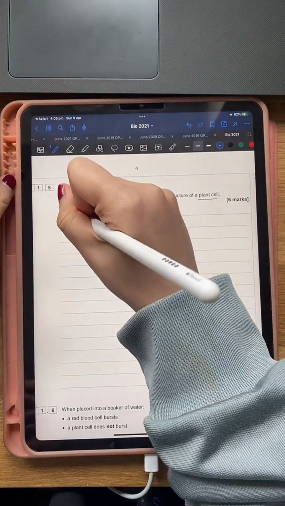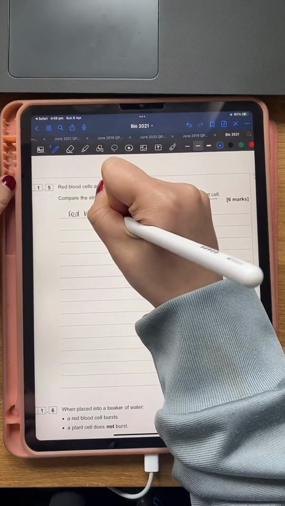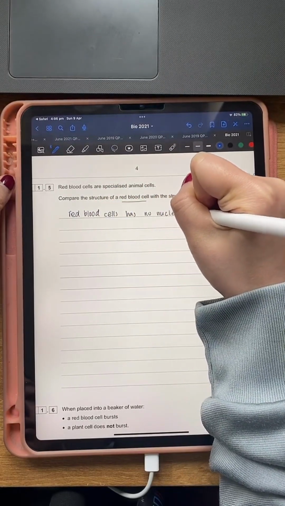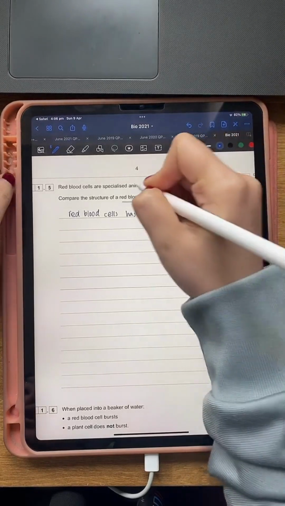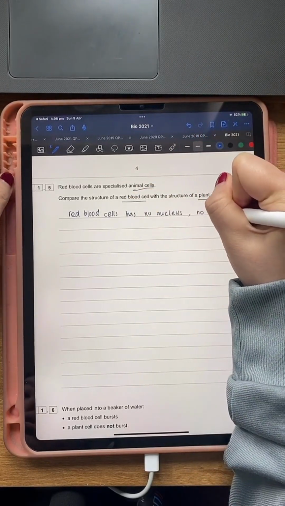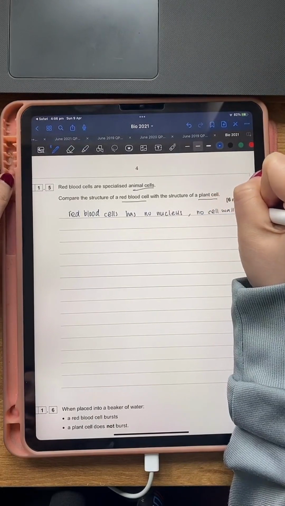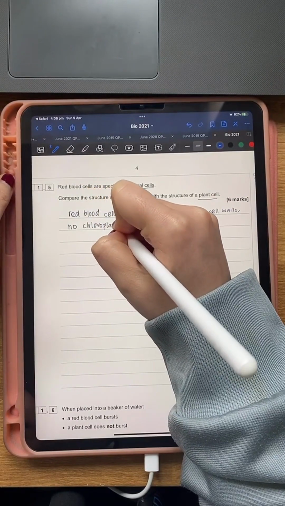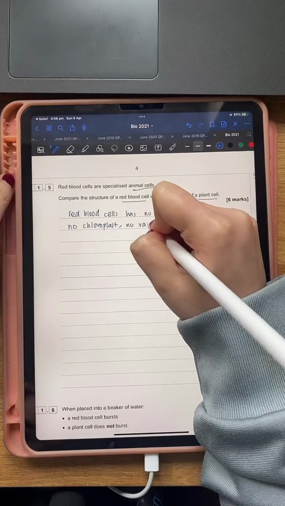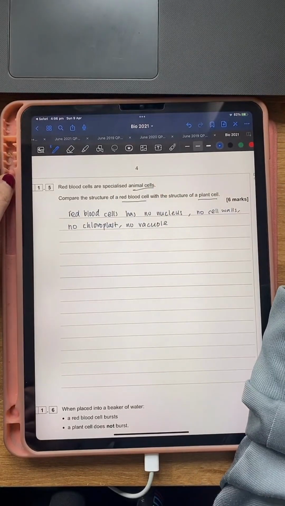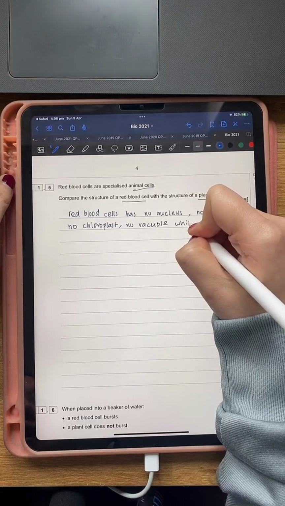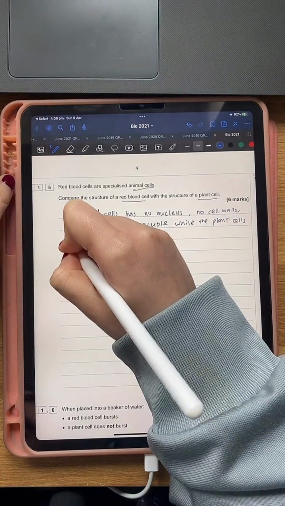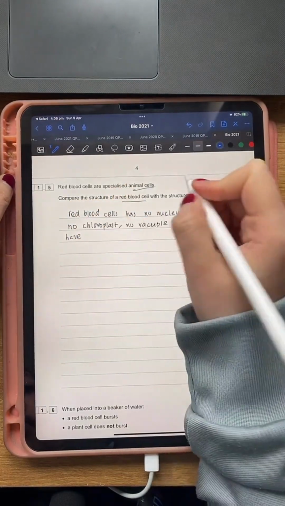So you can say red blood cells have no nucleus. Because it's an animal cell, it will have no cell wall as well. No chlorophyll or chloroplast. No vacuole. While the plant cells have everything else.